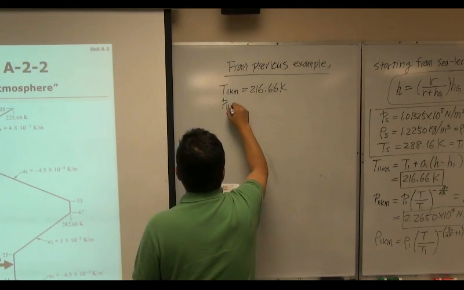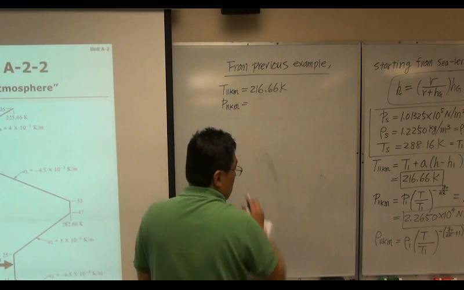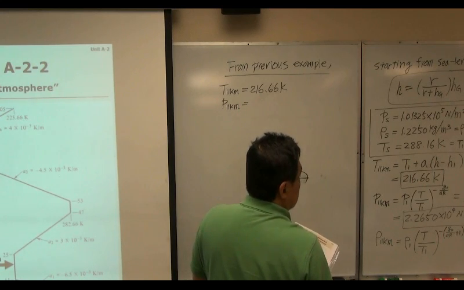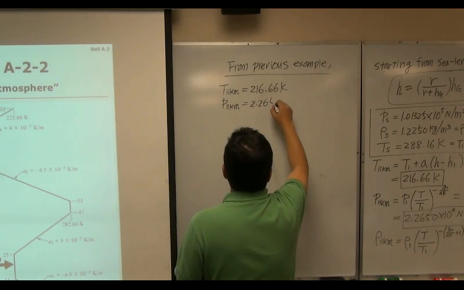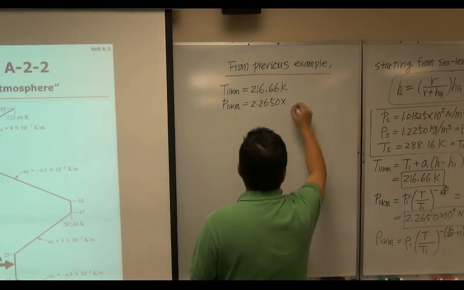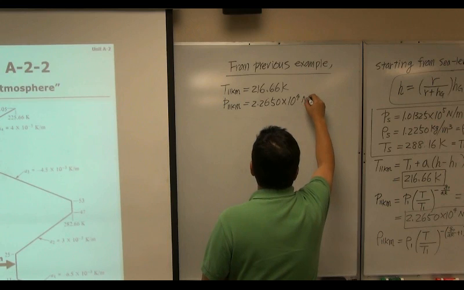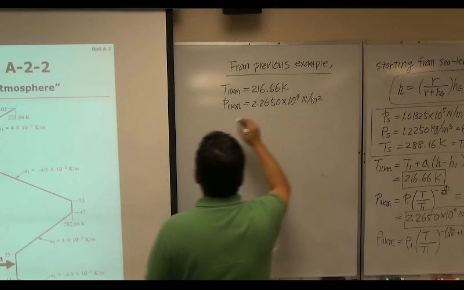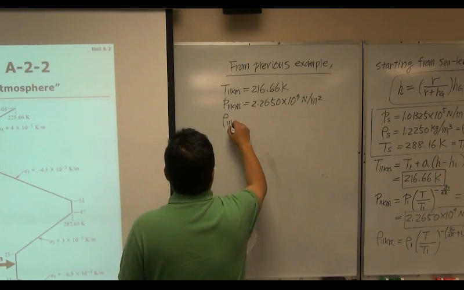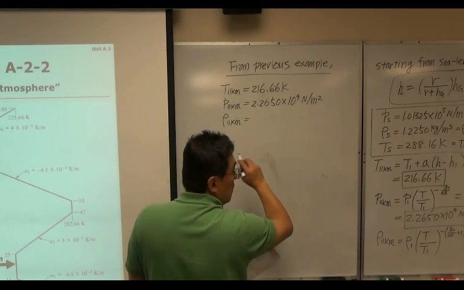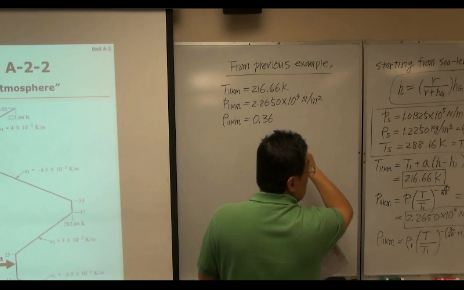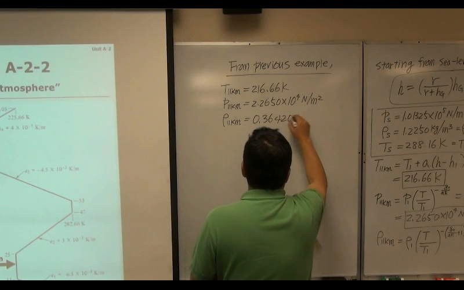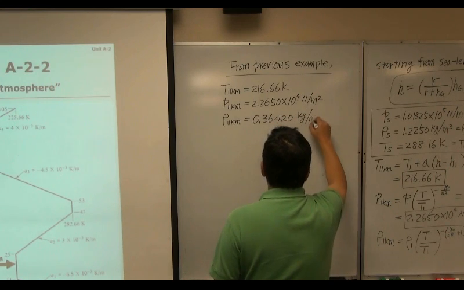Pressure at 11 kilometers is 2.2650 times 10 to the 4th Newton per meter square, Pascal. Density at 11 kilometers is 0.36420 kilogram per cubic meter.